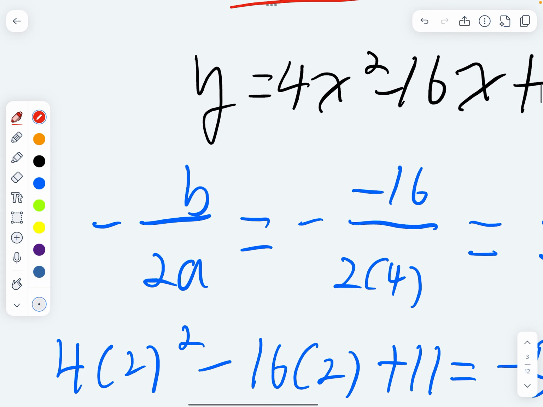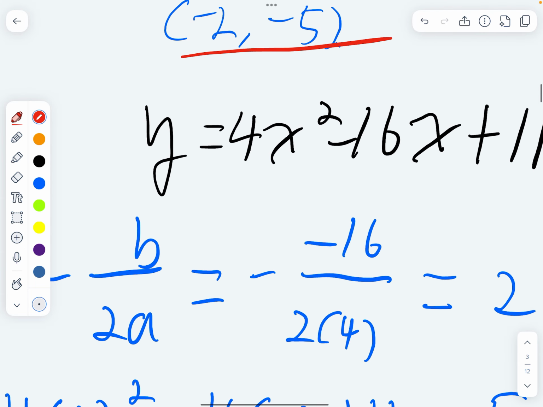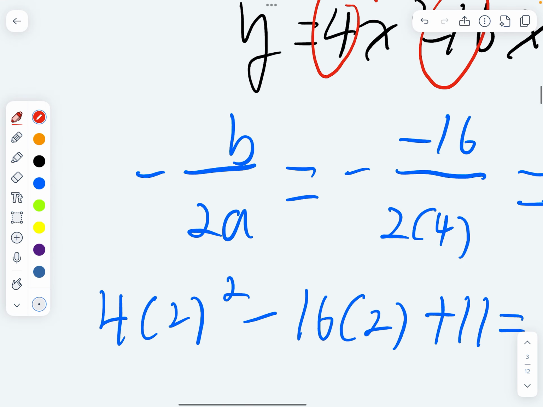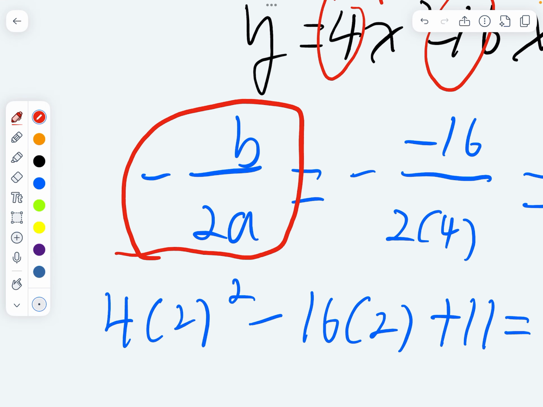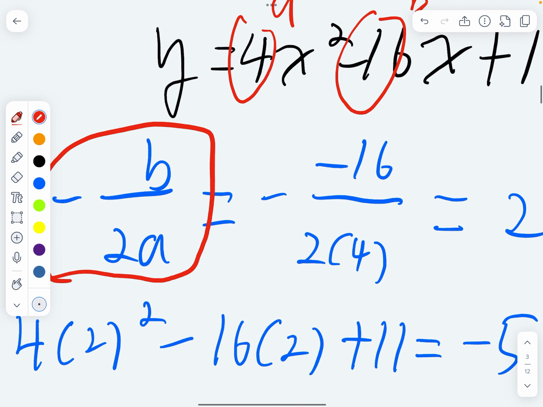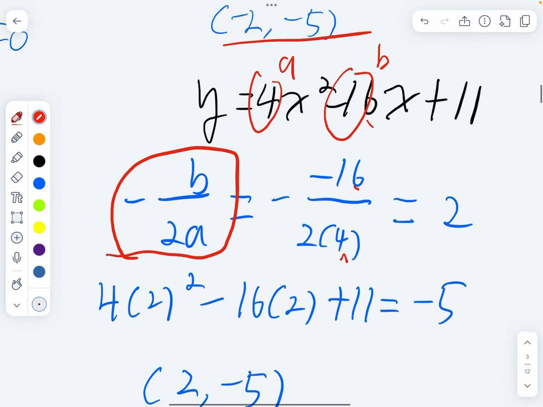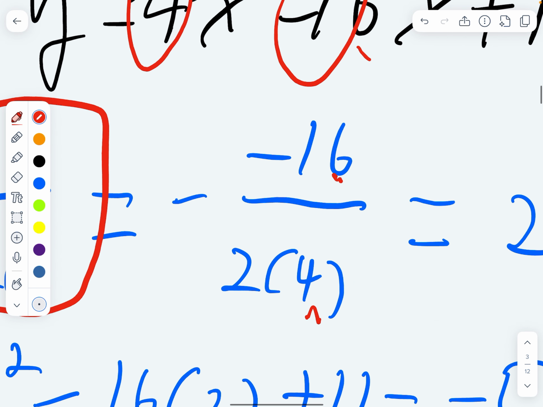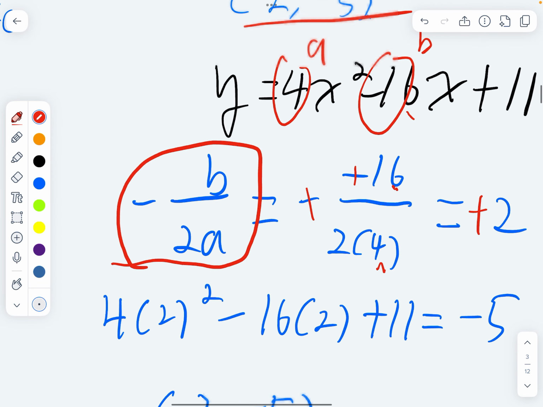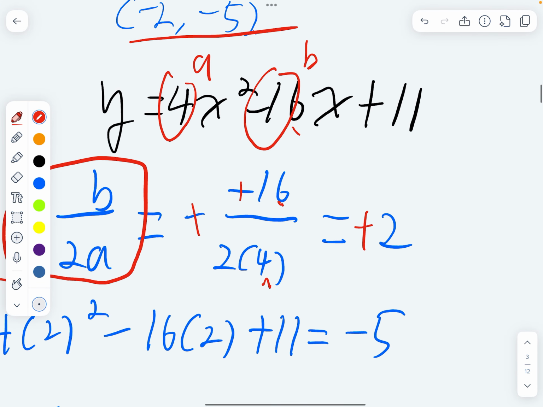Okay. The second example is a is 4, b equal to negative 16. So we can use the formula here, where b is negative 16 and a is 4. The two negatives together make a positive, so x is equal to 2.